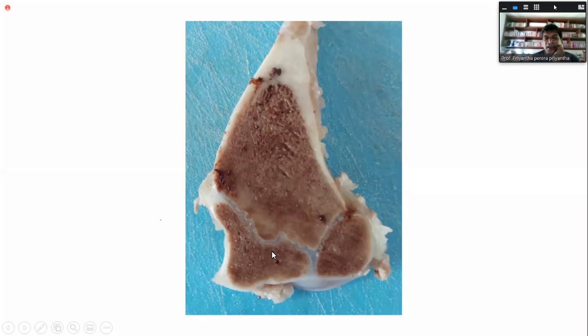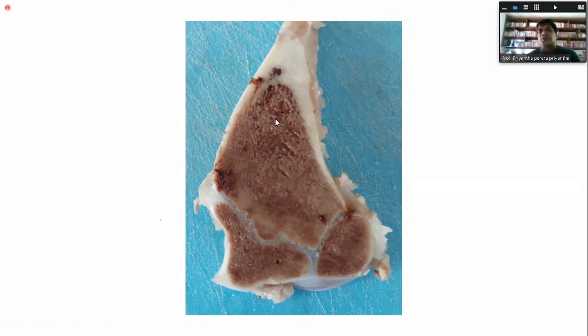When you take an X-ray, you see this part as bone, this part as bone, this part as bone, right? And when the bone is formed initially, it is formed from the primary ossific center, and it forms the diaphysis, the main shaft of the bone.